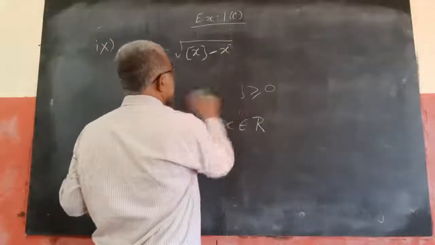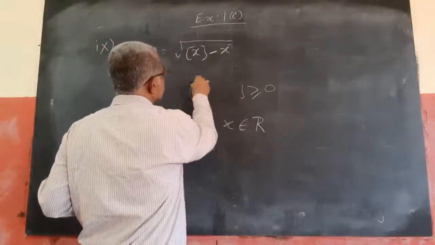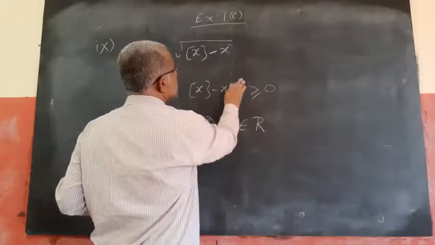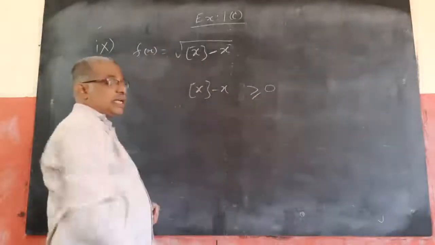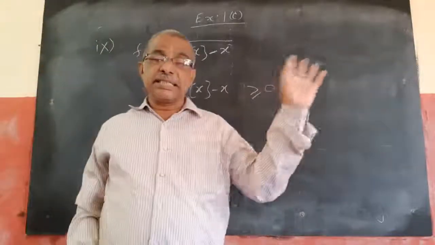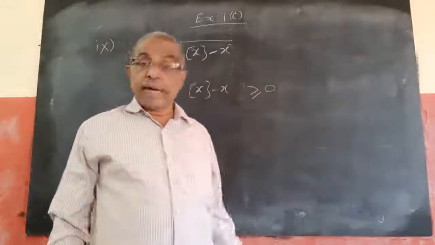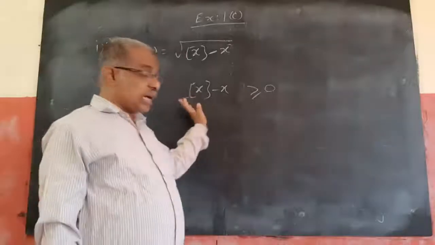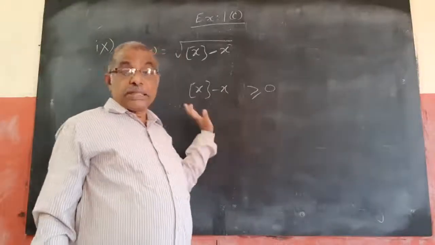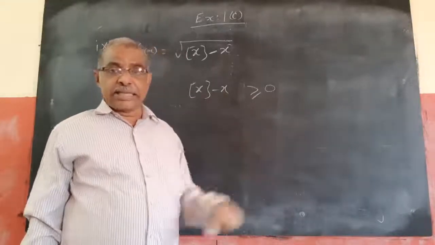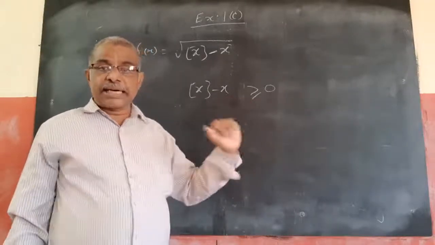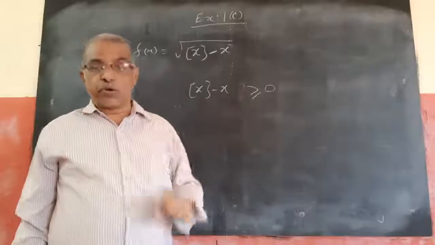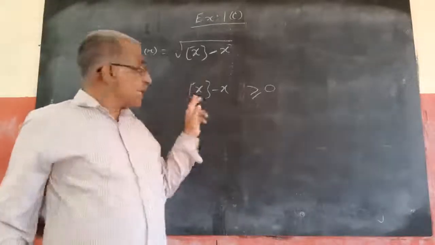Step x minus x is given like this. Then when is this greater than or equal to 0? I said just now that x minus step x is always greater than or equal to 0, which means step x minus x is always less than 0. So when is this possible? It is not possible except for one thing: it can be 0.